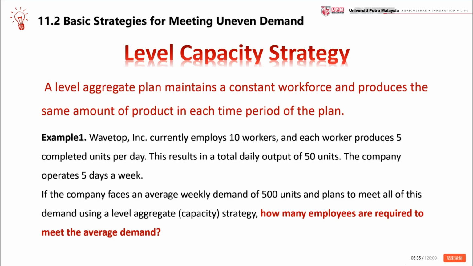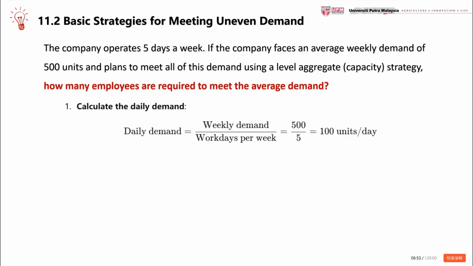If the company faces an average weekly demand of 500 units and plans to meet all of this demand using a level capacity strategy, the question is how many employees are required to meet the average demand. To solve this question, the first step is to calculate the daily demand.